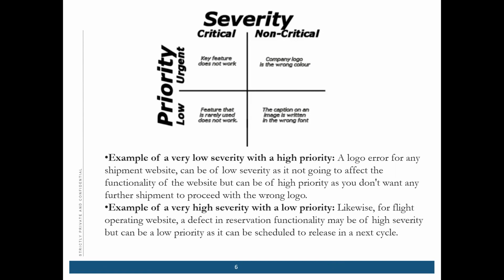Then you can discuss with your lead or the manager and raise the priority of that defect. Otherwise, if the tester thinks it's a medium priority and medium severity, go ahead with that. So that is decided by the tester.